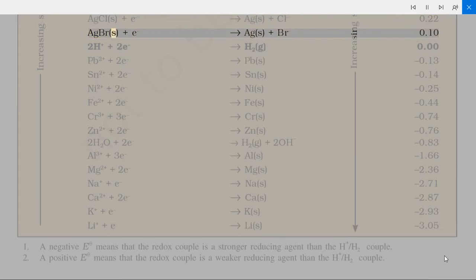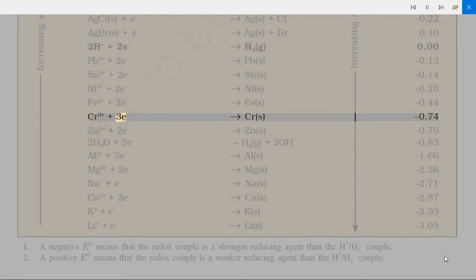AgBr(s) + e- gives Ag(s) + Br-, 0.10. 2H+ + 2e- gives H2(g), 0.00. Pb2+ + 2e- gives Pb(s), -0.13. Sn2+ + 2e- gives Sn(s), -0.14. Ni2+ + 2e- gives Ni(s), -0.25. Fe2+ + 2e- gives Fe(s), -0.44.